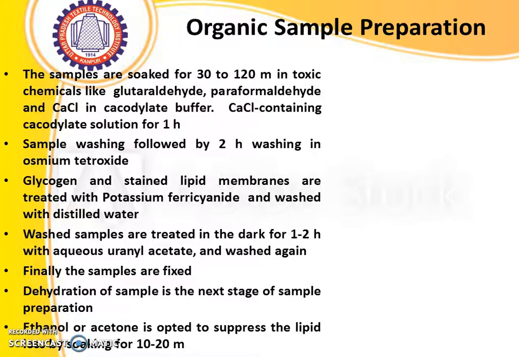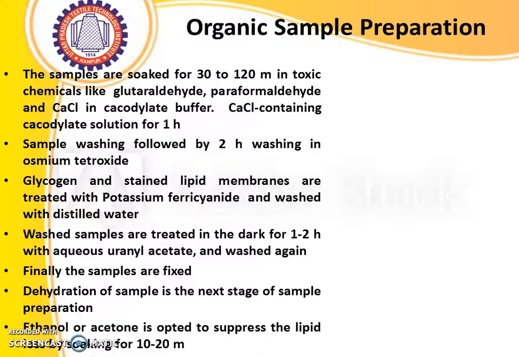Organic sample preparation: the samples are soaked for 30 to 120 minutes in toxic chemicals like glutaraldehyde, paraformaldehyde and CaCl2 in cacodylate buffer, with calcium chloride containing cacodylate solution for 1 hour. Then the sample is washed, followed by 2-hour treatment in osmium tetroxide.